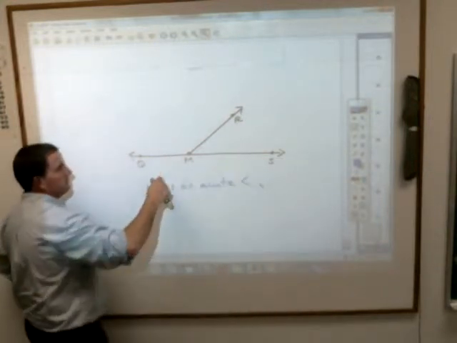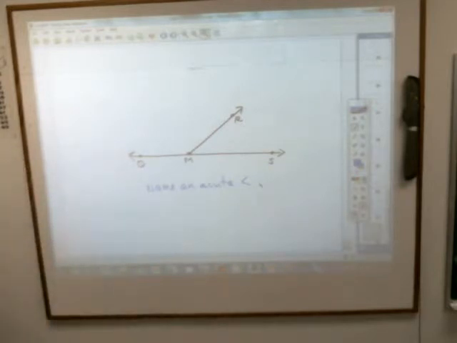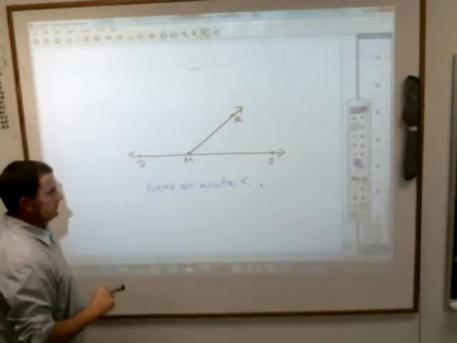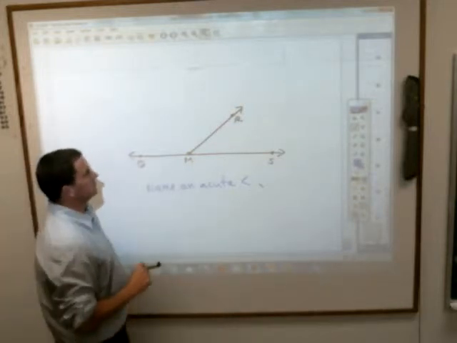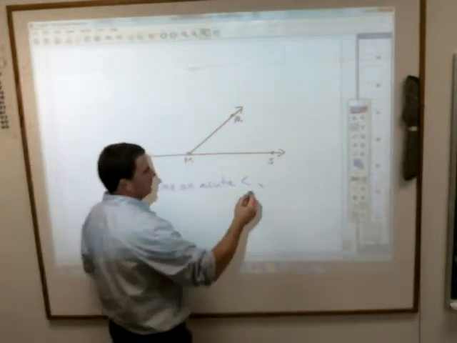Of all these shapes here, there's a couple different angles there. What would be the acute angle? Now you have to be careful with this. Michael? R and S. Okay, very good.